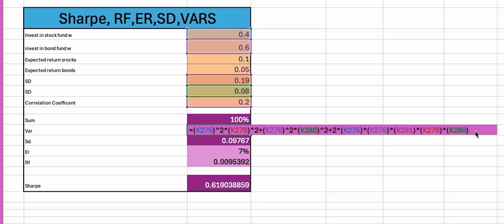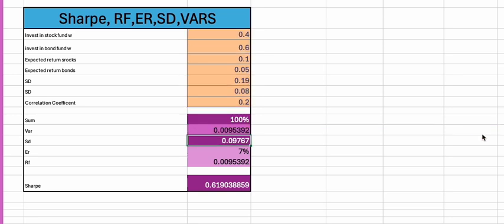There's no division in it. It's just straight multiplication and things getting squared, which gives you 0.0095392 for your variance. So definitely a little bit more of a hefty calculation than what we've been going over.